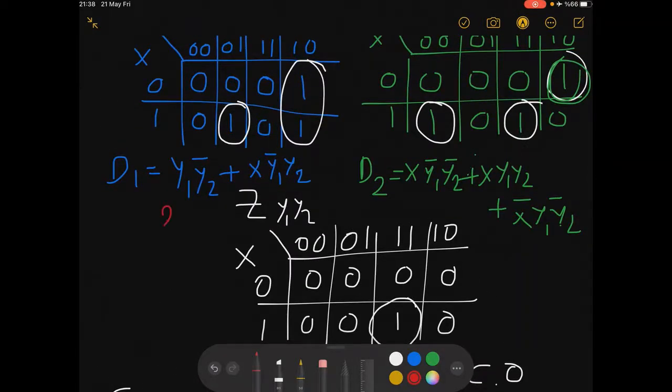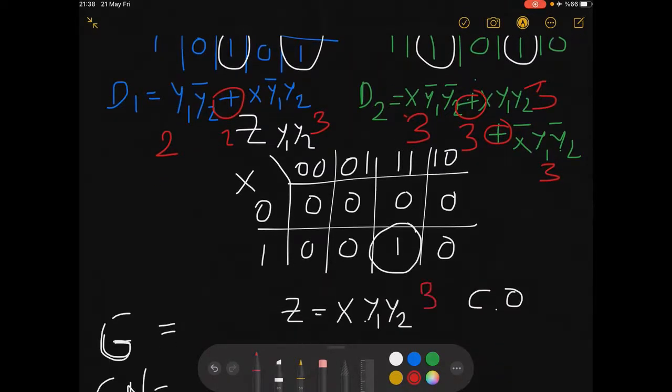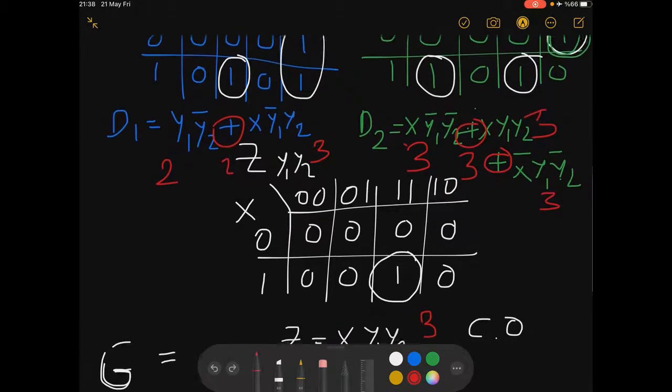It is 2, 3 into a 2 input gate, and this is 3, 3, 3 into a 3 input gate, and this one is 3 inputs, but this one is the same with this one, I guess, so no need to calculate it twice.